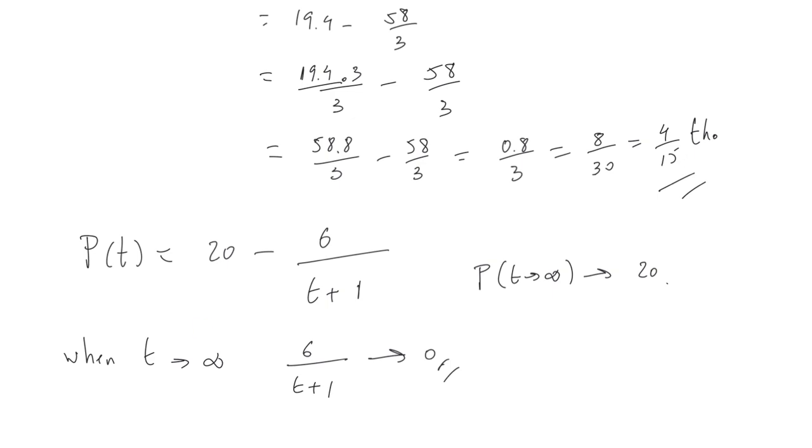So graph this function, and you will see that the function has a horizontal asymptote at 20 on the vertical axis, P as a function of t. So you plug in 20 here, and the function will do like this, and will approach 20 all the time. Okay.